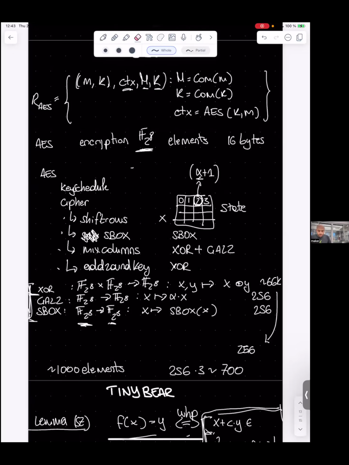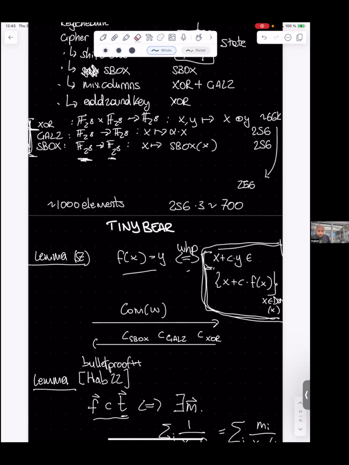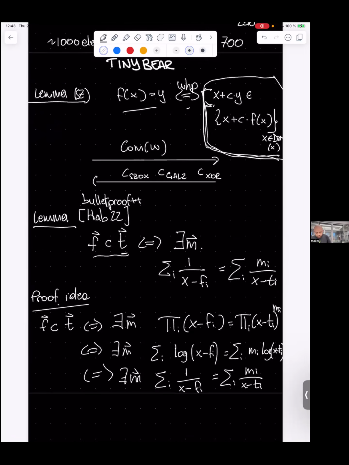We saw that AES is a composition of different functions, and that correct evaluation of these functions can be done with what I'm going to call a lookup protocol. That means checking that a lot of elements are in the same table, and that this relation can be reduced to this other relation, proving the existence of another vector for which the relation is satisfied.